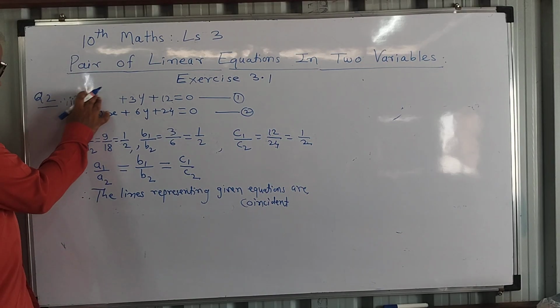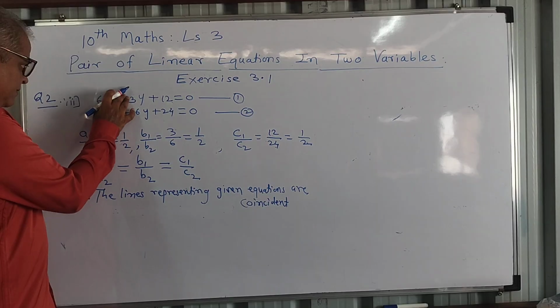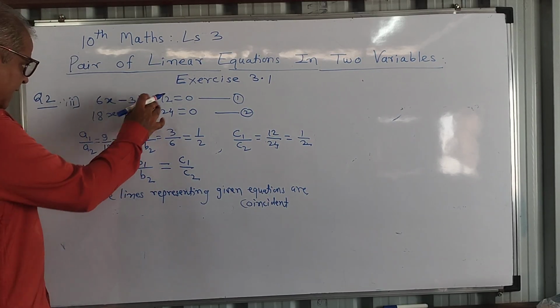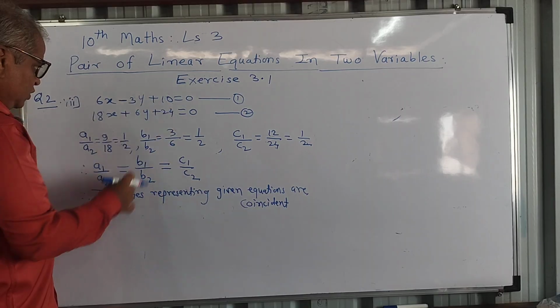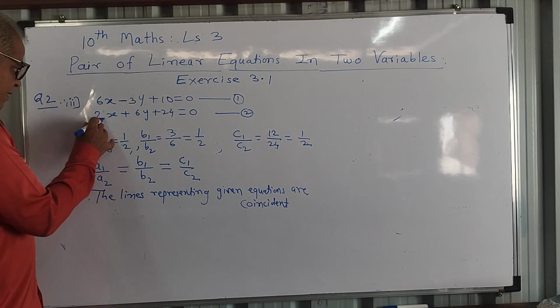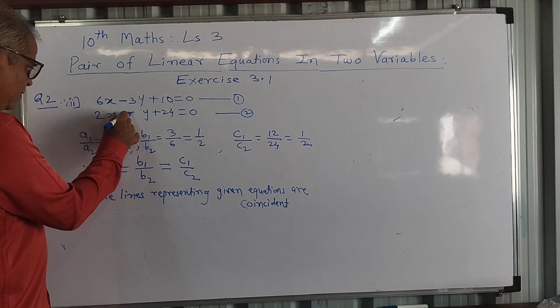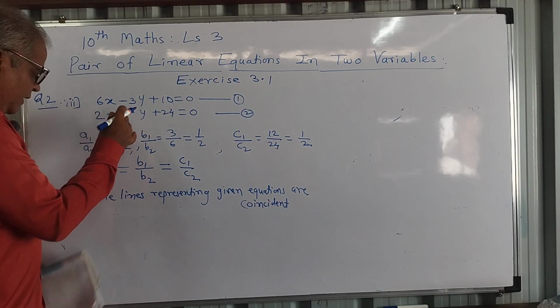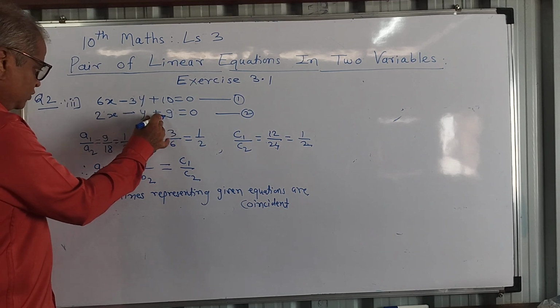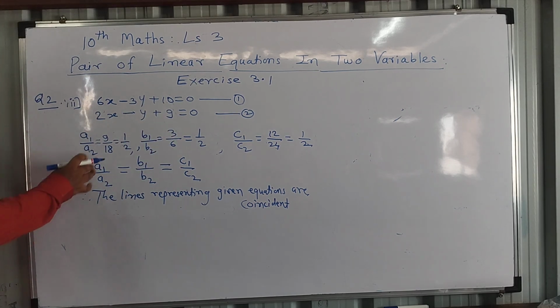6x minus 3y plus 10 is equals to 0. Equation number 1. 2x minus y plus 9 is equals to 0. We will take the ratios.